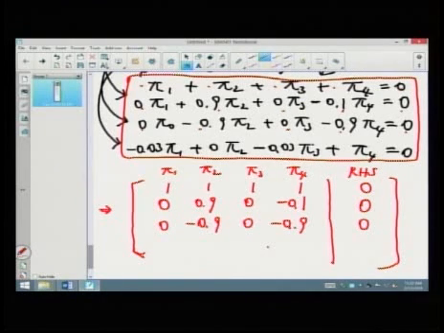Finally, I have negative 0.03, 0, negative 0.03, and then 1, and then 0, like that.